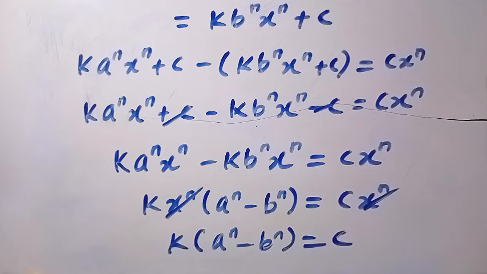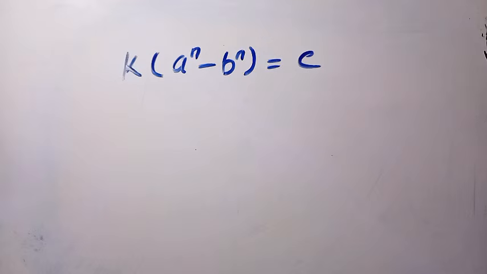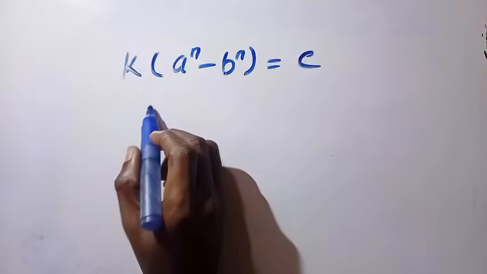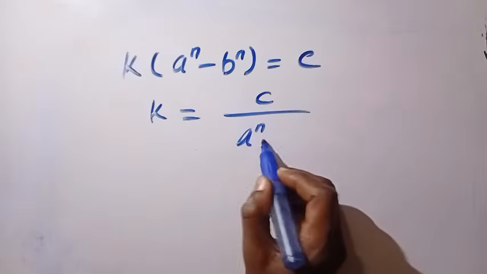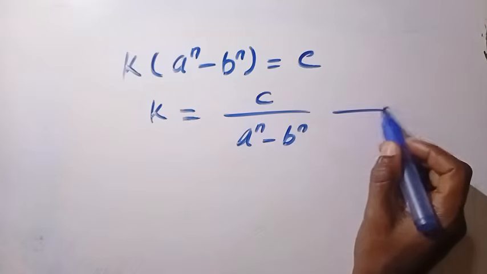We make k the subject of the formula and divide both sides by a raised to the power n minus b raised to the power n. So we have k equals c over a raised to the power n minus b raised to the power of n.